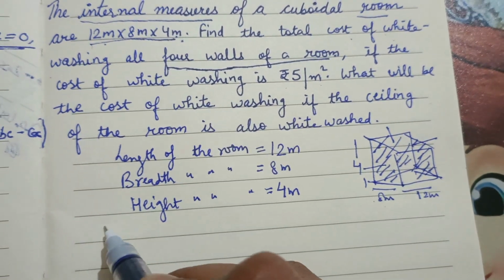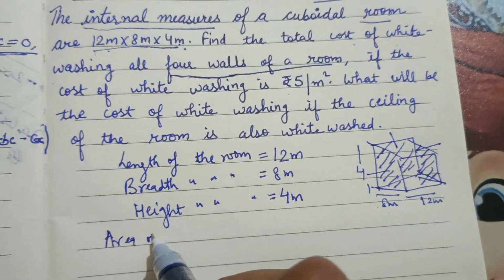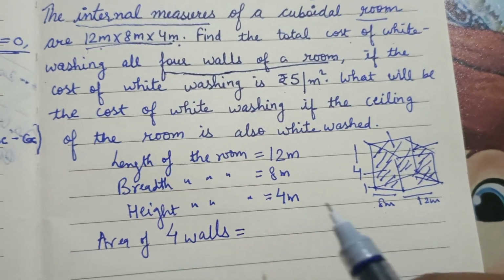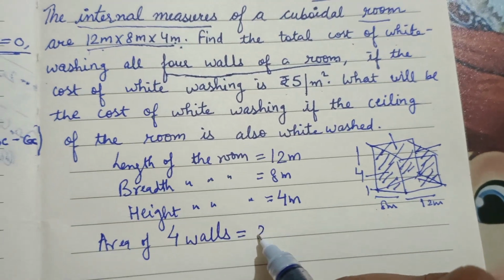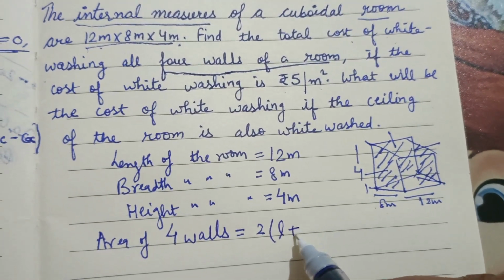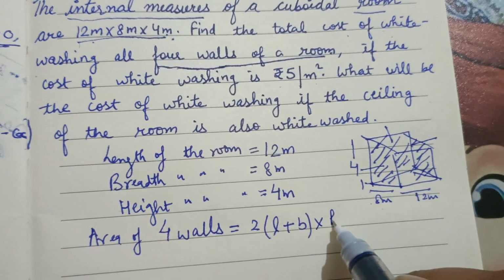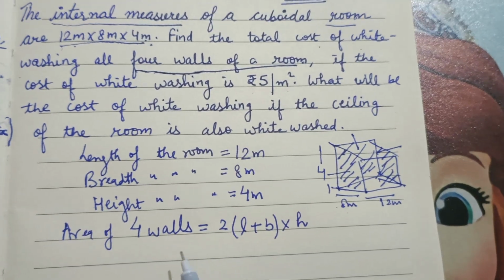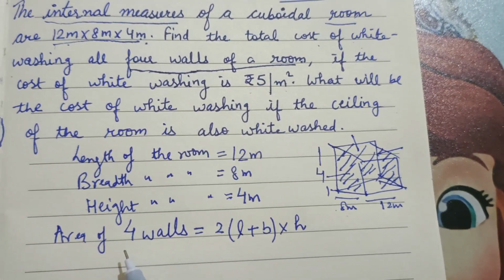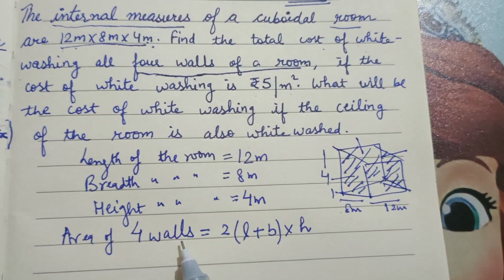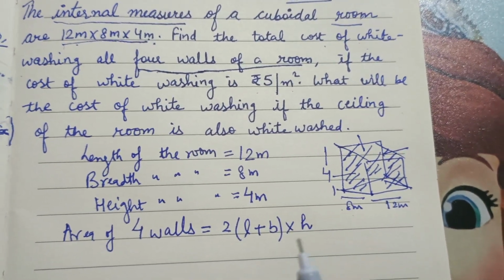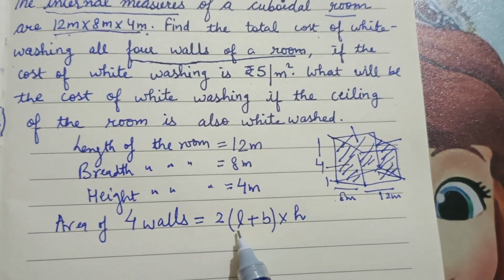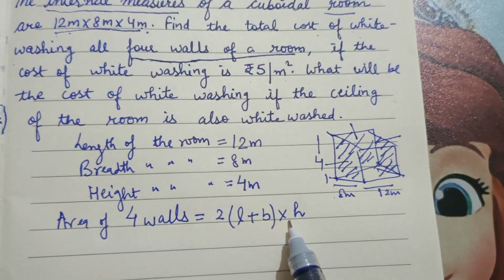So the area of 4 walls is 2 times (L plus B) into H. I will upload one more video in which I will show you how we can take out the area of 4 walls using this formula, right? So the area of the 4 walls is twice of (L plus B) into H.